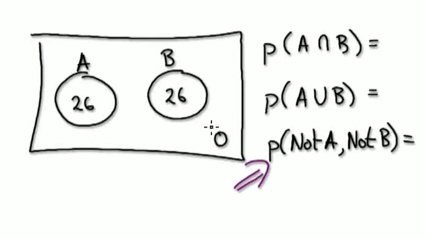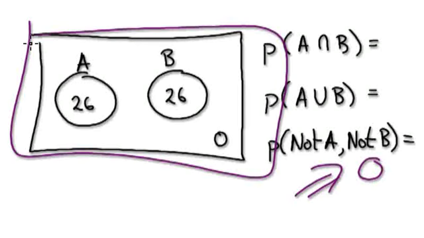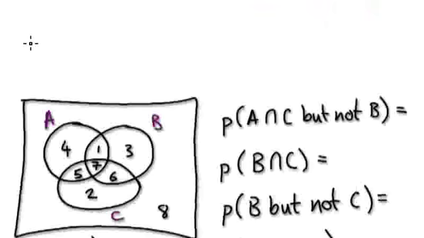What is the probability of it not being red and not being black? Well, that's going to be 0, because, well, how is that possible? So anyway, this here is 0. Okay, so this Venn diagram here represents your playing cards, if you like.